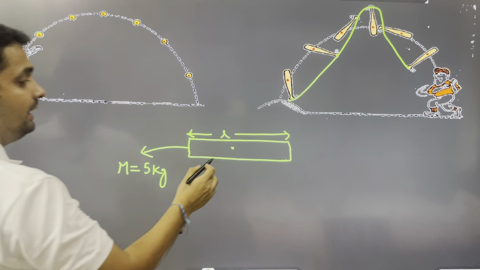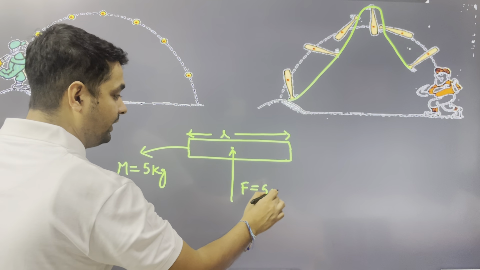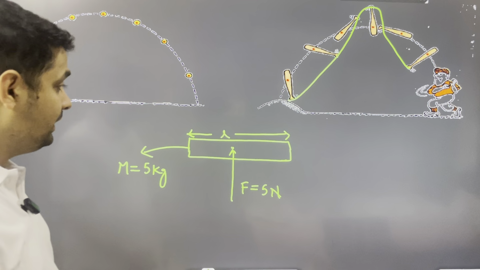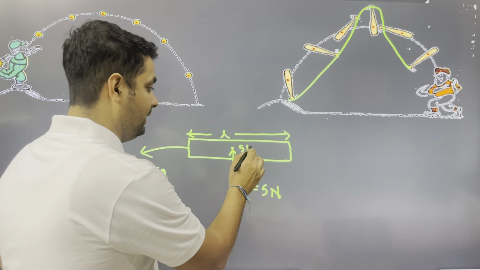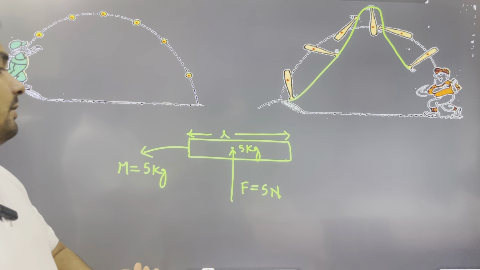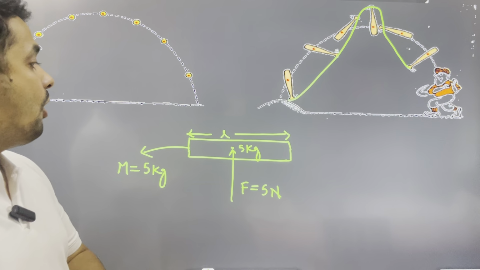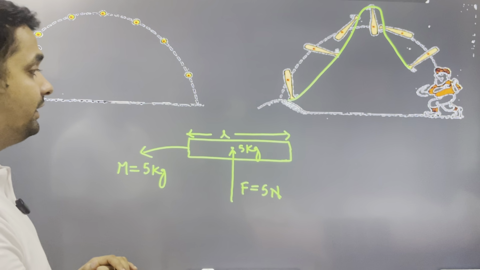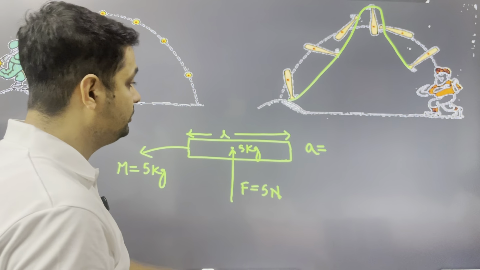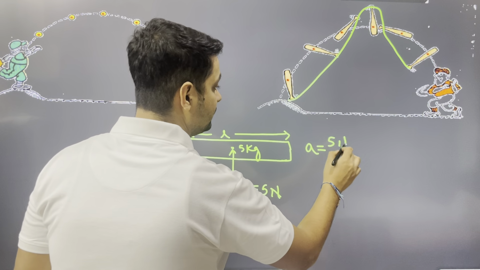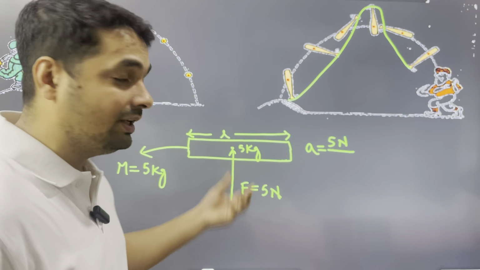So if I apply one force F equals 5 Newton at this point, and I have already concentrated the whole mass of 5 kg at this point only, and I want to find its motion, meaning its acceleration, how will I find it? By Newton's second law of motion, we can say that a equals the net external force, that is 5 Newton, divided by the total mass concentrated here, that is 5 kg.